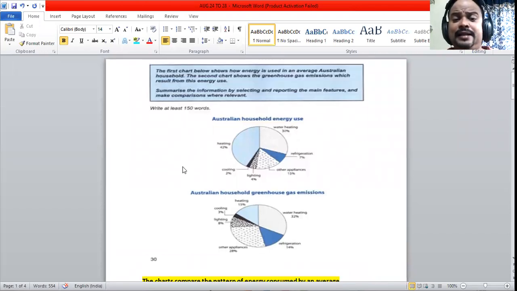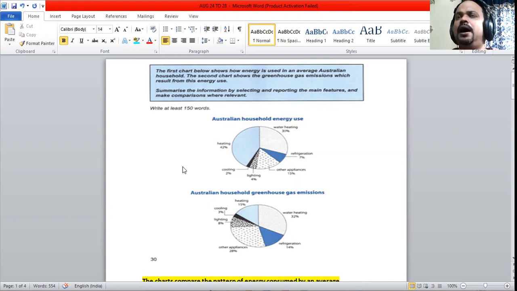So it is clear that there is no direct relationship between these two, because we cannot connect these things together. I can connect energy source and energy consumption. I can say there is a direct relationship, but I cannot say that energy use is directly related to the gas emission.